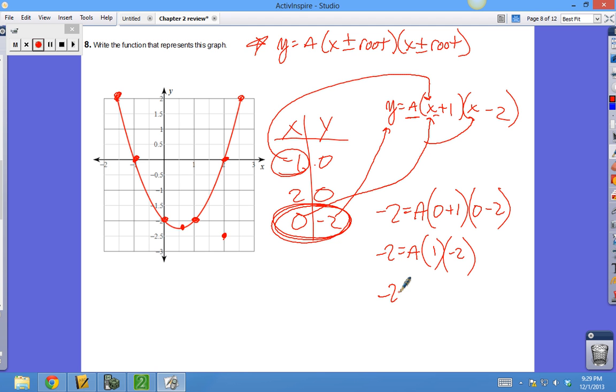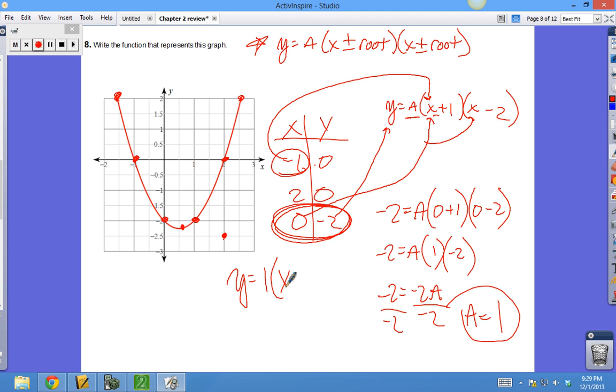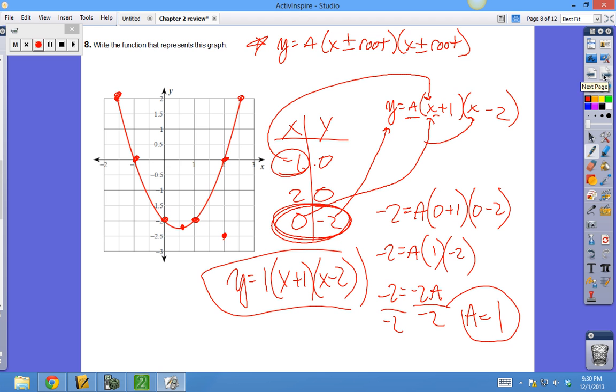So we got -2 equals -2a. -2 times a. Undo the multiplication. Divide by -2, divide by -2. So a is 1. That means my answer, y equals 1, x plus 1, x minus 2. There is my function that describes that picture.